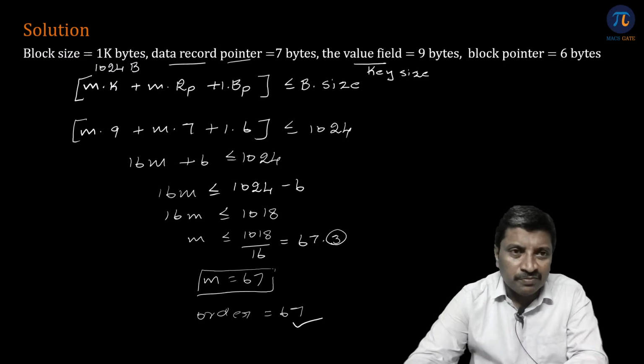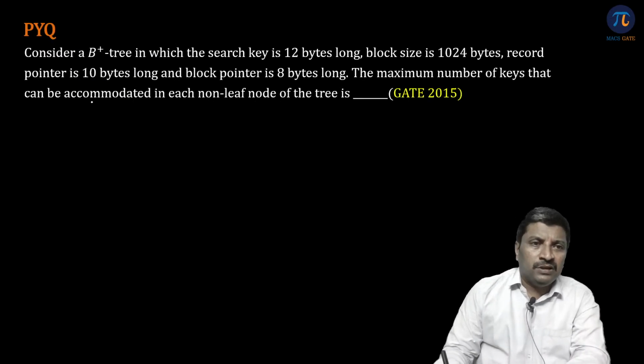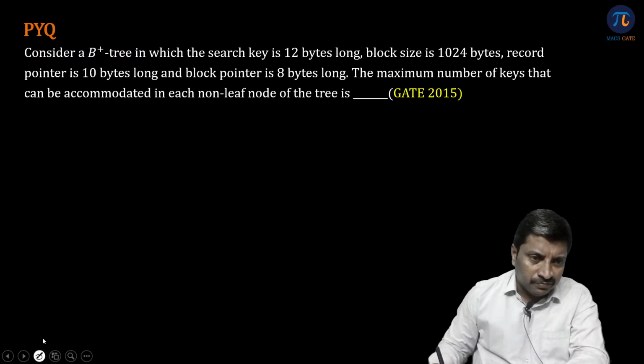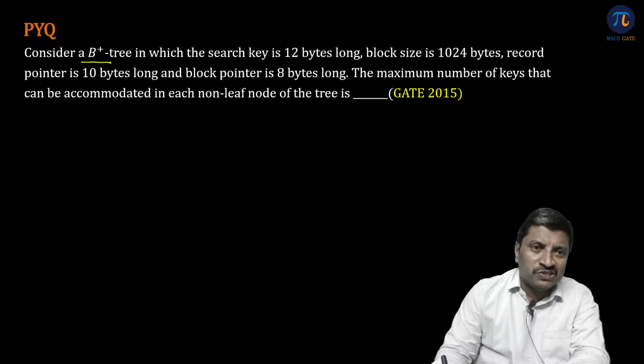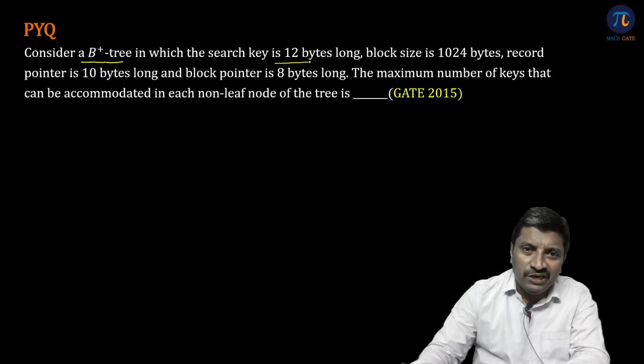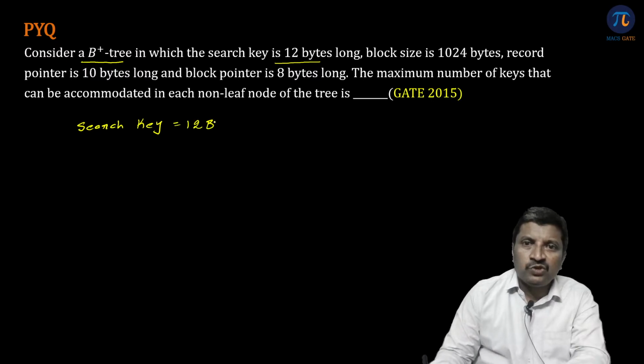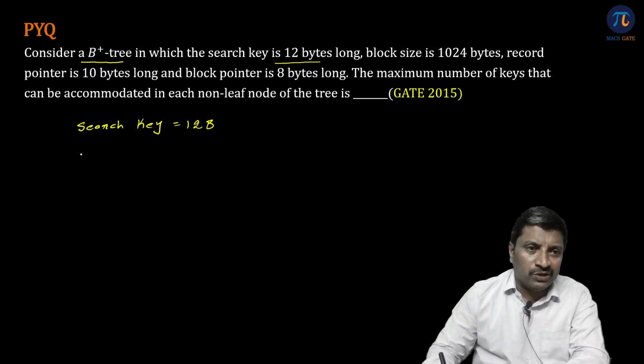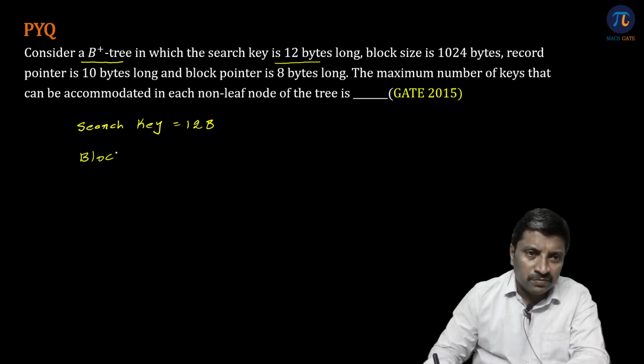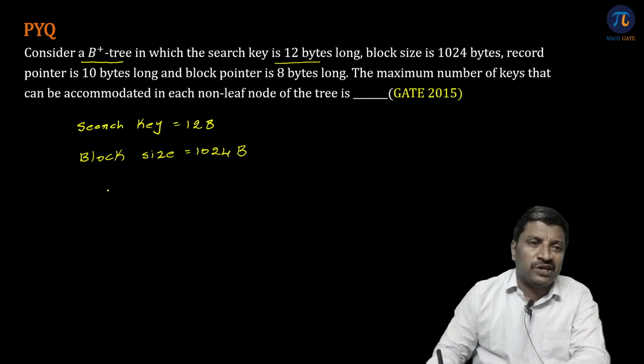Let us move to the next question. Consider a B plus tree in which the search key is 12 bytes. Block size 1024 bytes.